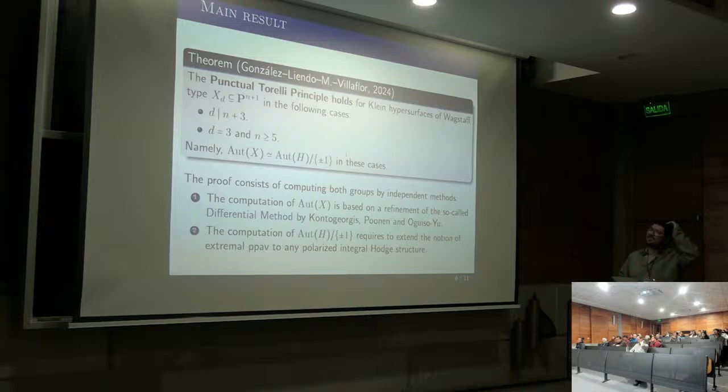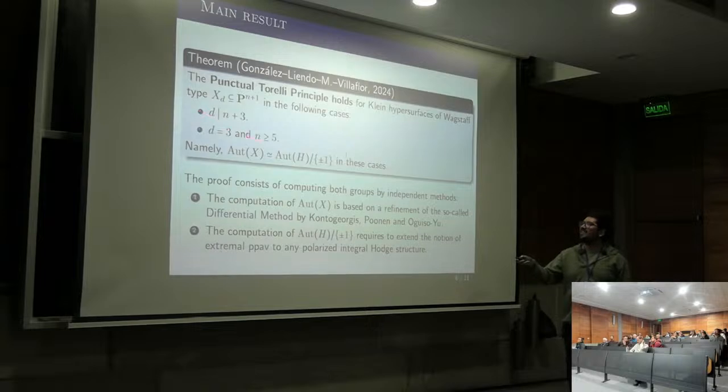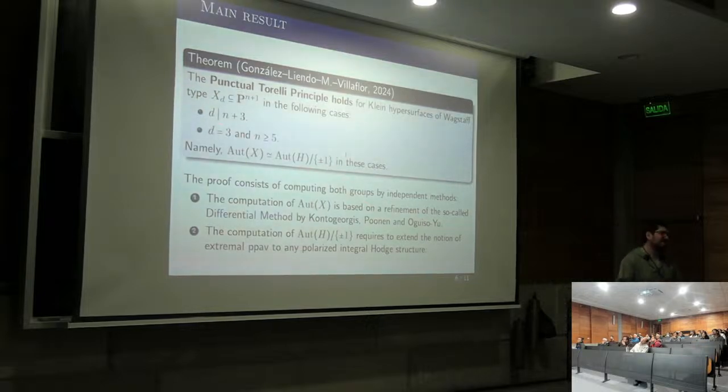You consider these extremal hypersurfaces, meaning that there is an automorphism of high prime order, and if the degree divides the dimension plus 3, or you have a cubic hypersurface, then the punctual Torelli principle holds. So the automorphisms of your geometric object and the automorphisms of the Hodge structure are the same.